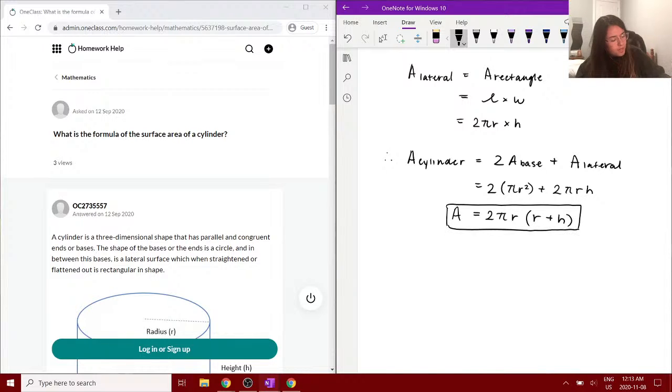You obviously don't have to factor out the 2 pi r, but if you want to, this simplifies the formula just a little bit. So the surface area of a cylinder is 2 pi r times (r plus h), where, remember, r is the radius and h is the height.